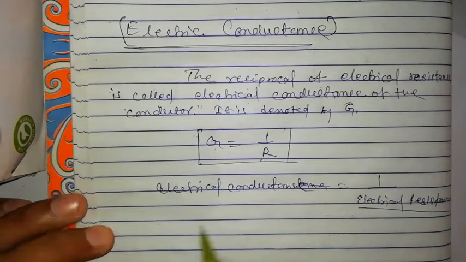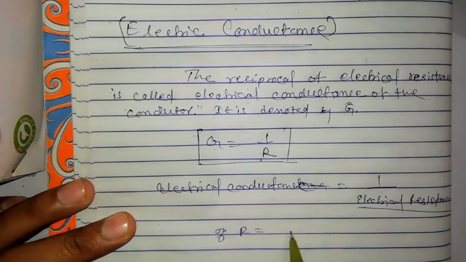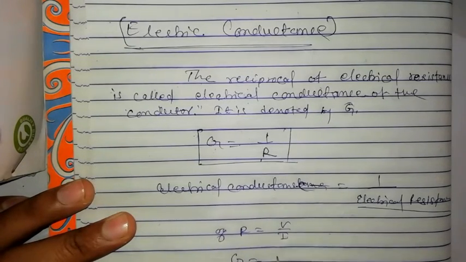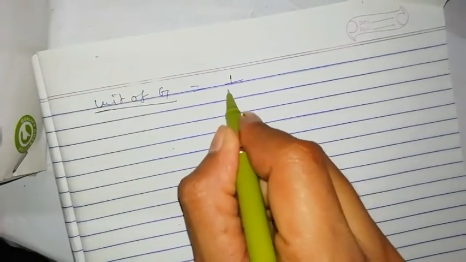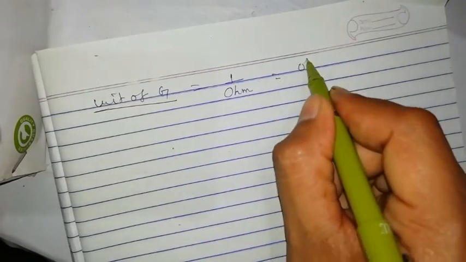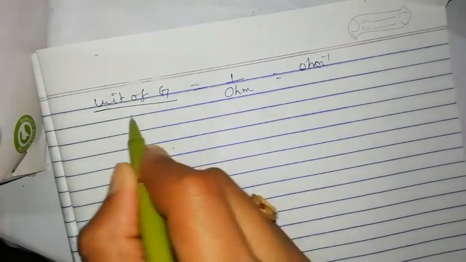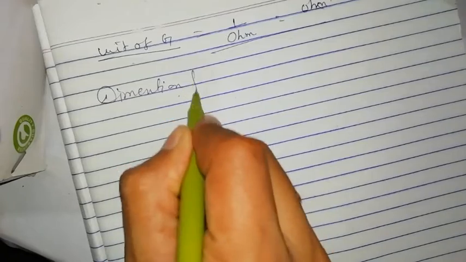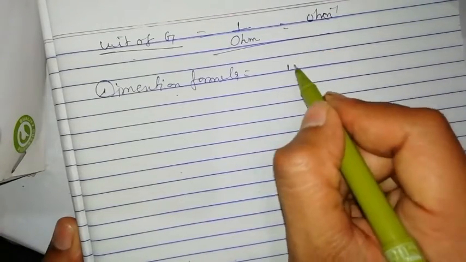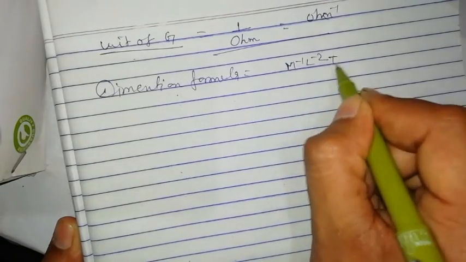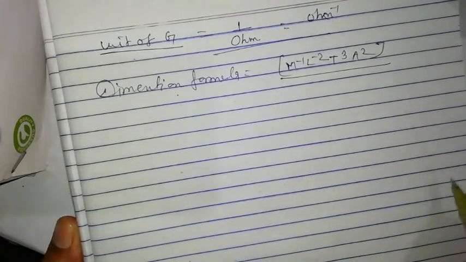We know that electrical resistance R is equal to V upon I, so G is equal to I upon V. The unit of G is 1 upon ohm, or ohm inverse, and the dimensional formula of G is M minus 1 L minus 2 T3 A2.